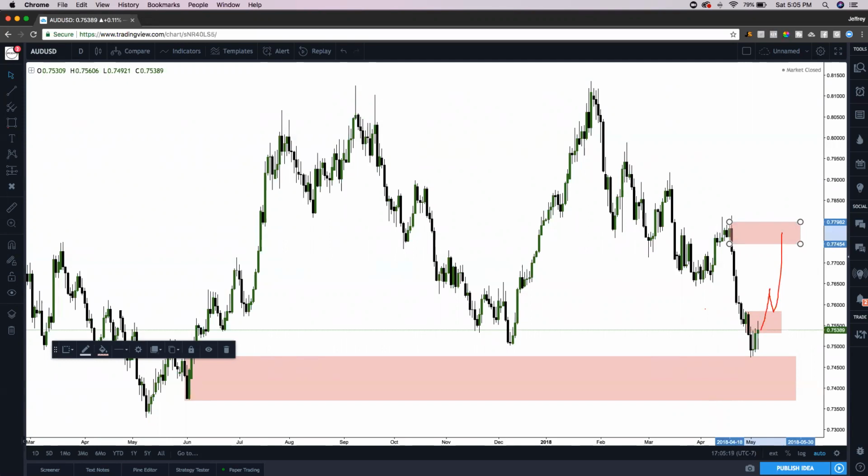So, Arnold, in terms of best order blocks to take, there really isn't a best or worst order block. It's just something that you have to go through and study, and over time you'll figure out, with whatever pair you're trading, which order blocks you can trust more than others.